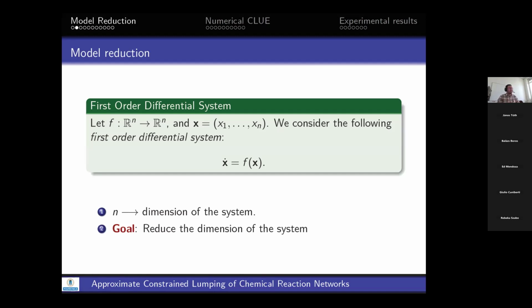So what we are going to focus on here is a reduction technique that keeps some part of the information. We are going to focus on this point later. But to start with, we are going to consider a first order differential system where we have a set of n variables that are going to be our basic state, and they evolve through time following some rule.